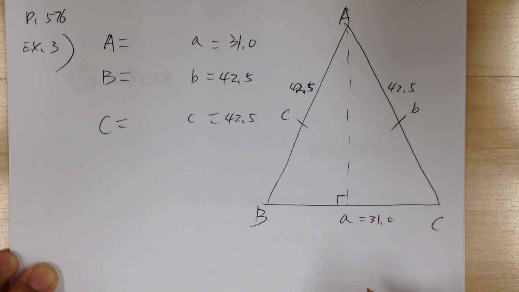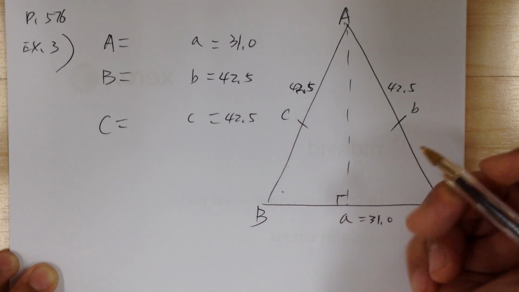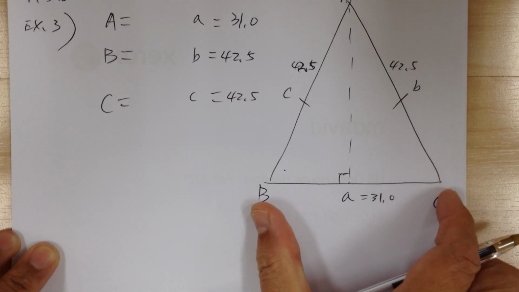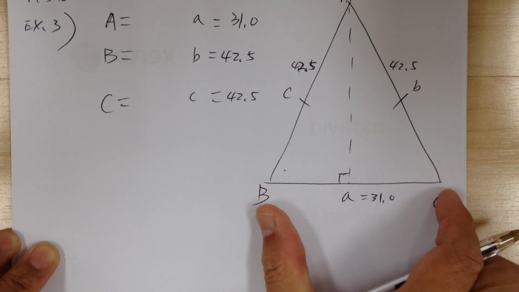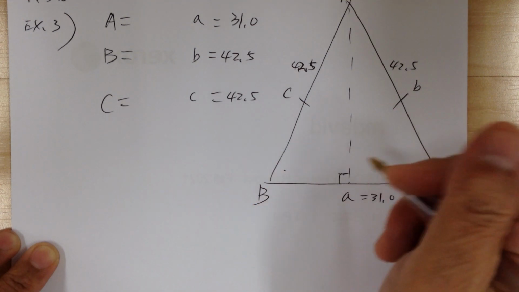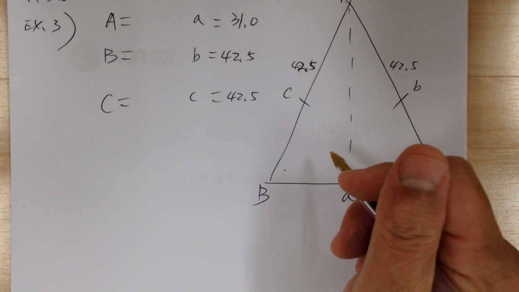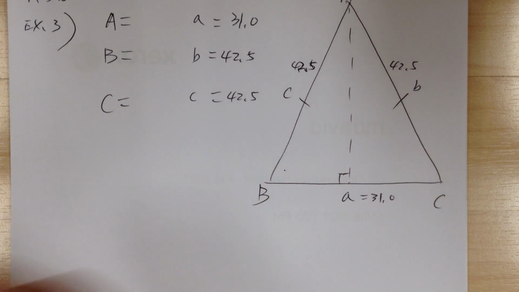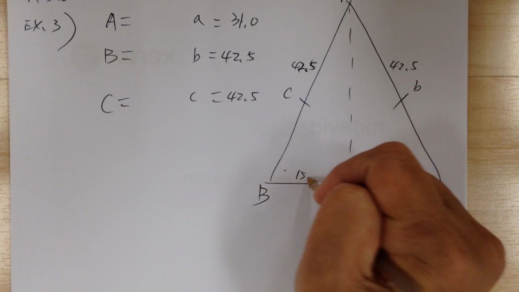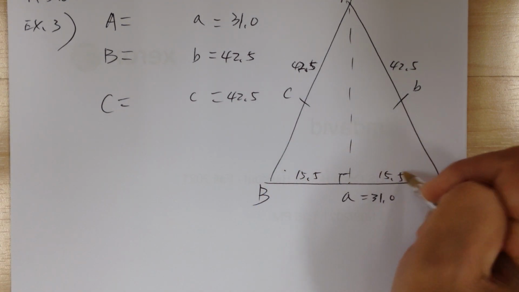I'm going to look for angle B first. A is 31, so divide by 2 because it's isosceles. 31 divided by 2 is 15.5 and 15.5.